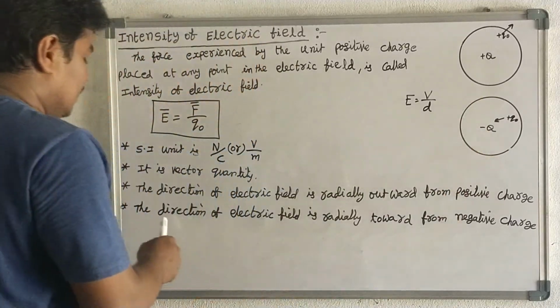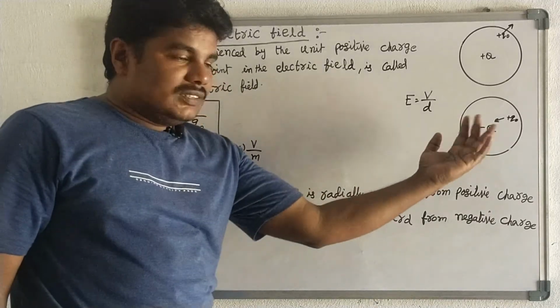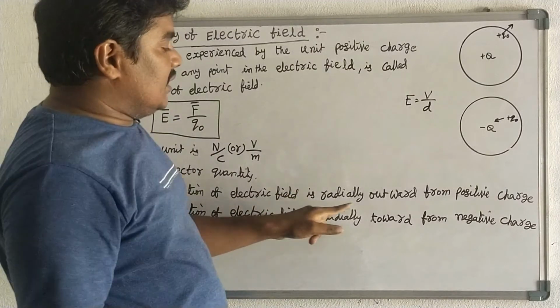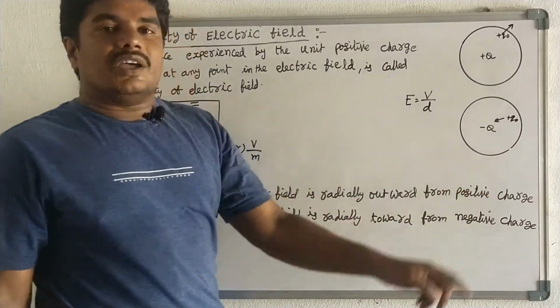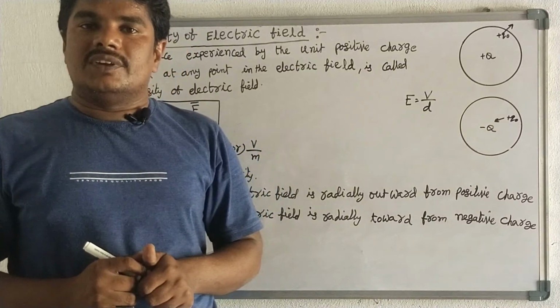That's why the direction of electric field is radially toward the negative charge, but radially outward from the positive charge. This is about intensity of electric field.